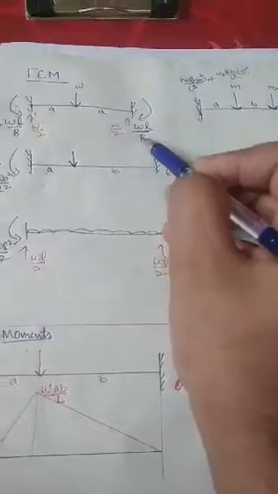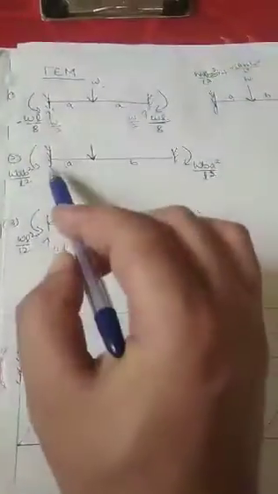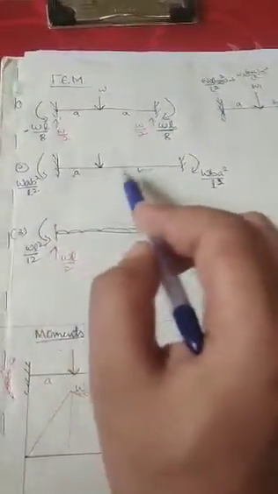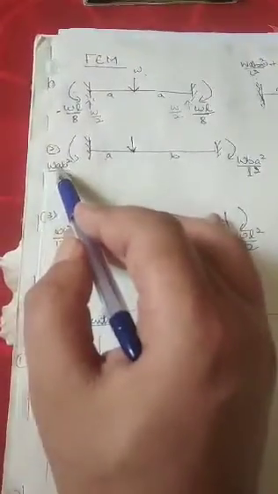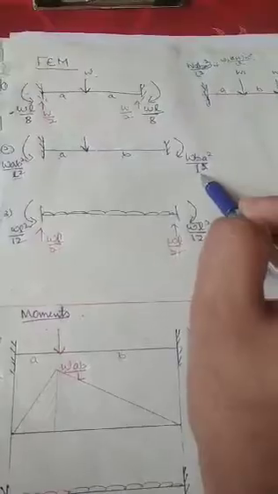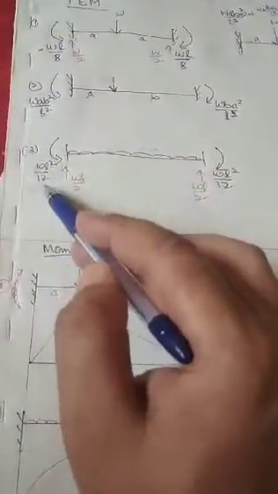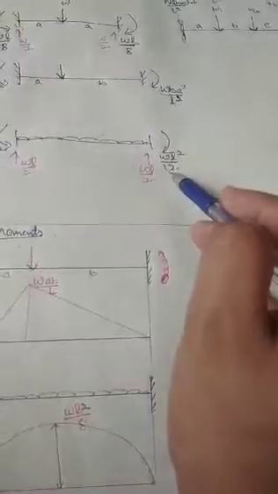Here it will be clockwise direction. For a beam having different spans a and b, fixed end moment will be Wab square by L square here, Wba square by L square here. So for UDL, it will be WL square by 12, WL square by 12.